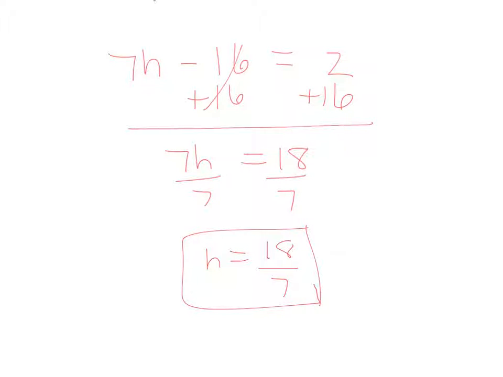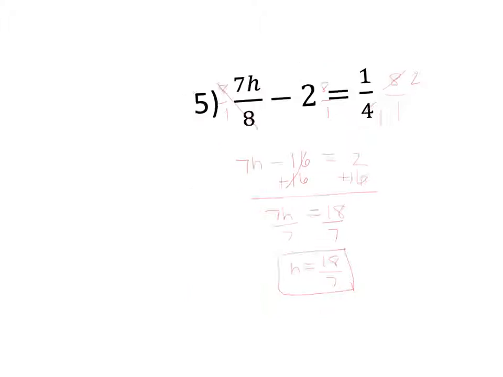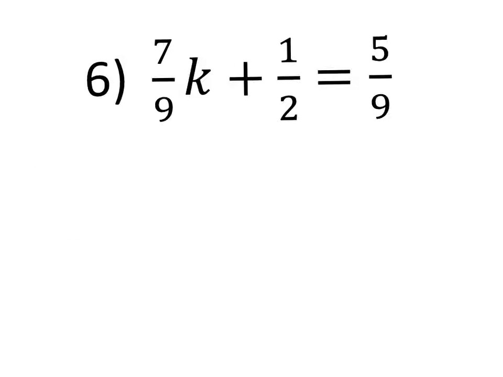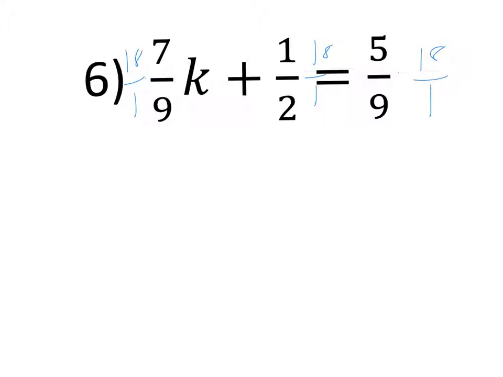All right, and last problem. 9 and 2 would have a common denominator of 18. So I'm going to multiply everything by 18 over 1. This will cross cancel to 2 and 1.